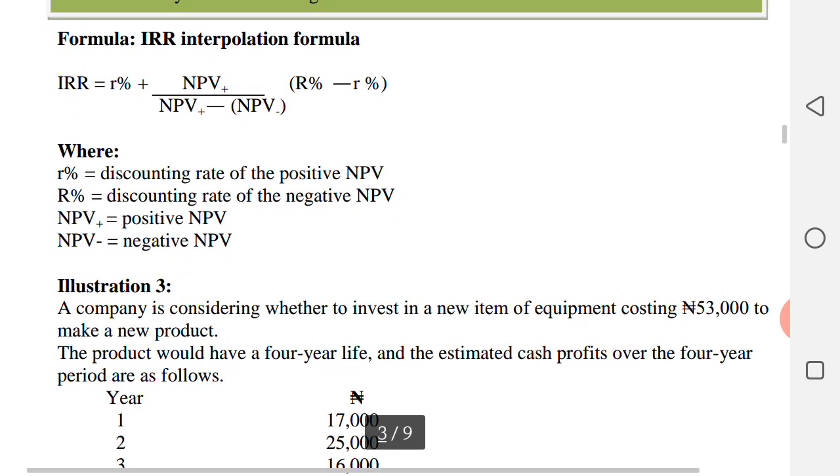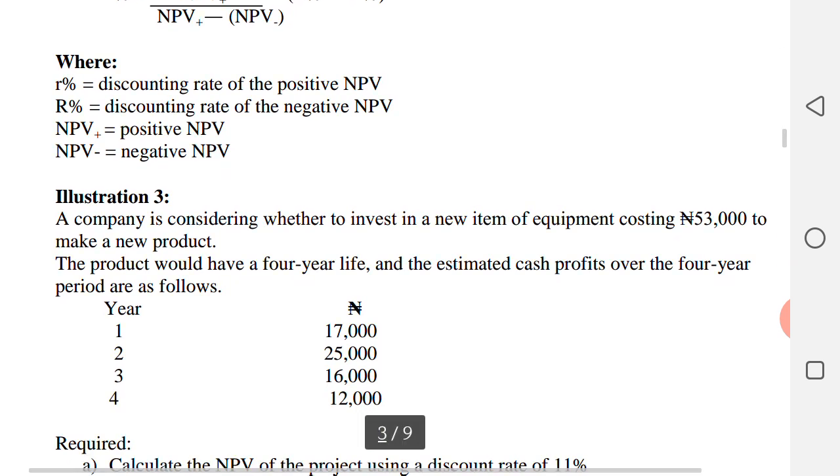Using the interpolation method, the formula is: small r, the rate that makes the project positive, plus NPV positive over NPV positive minus NPV negative, multiplied by big R, the rate that makes the project negative, minus small r. When you multiply it, it gives us the IRR of that project.